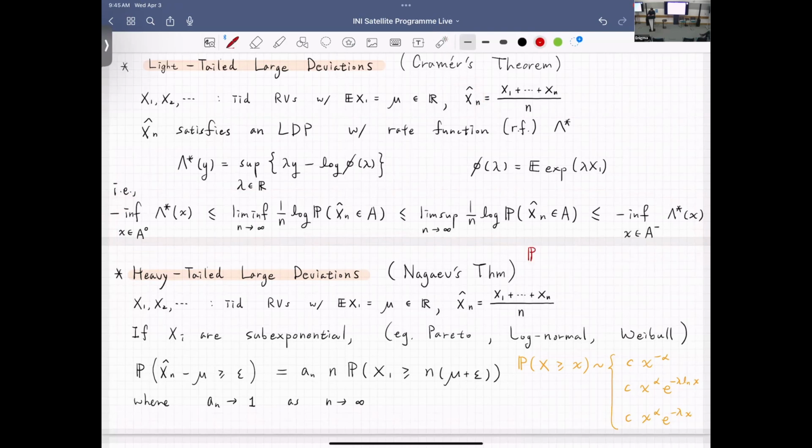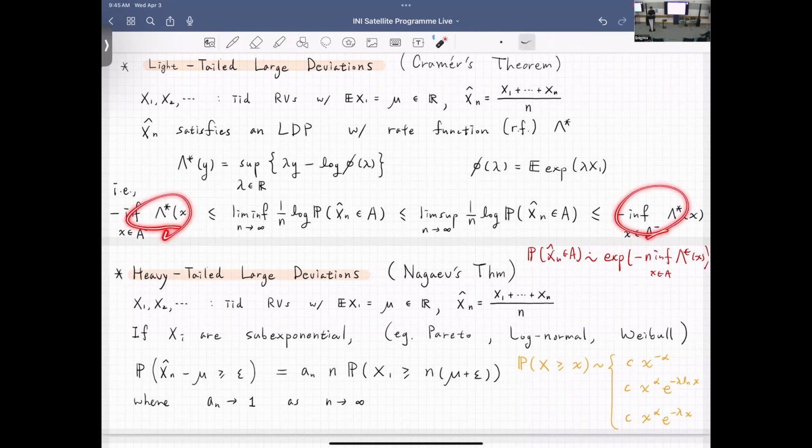The probability of the sample mean being in A decays at a rate e to the negative n times the rate, especially if the lower and upper bounds coincide. So basically, this is the exponential rate.